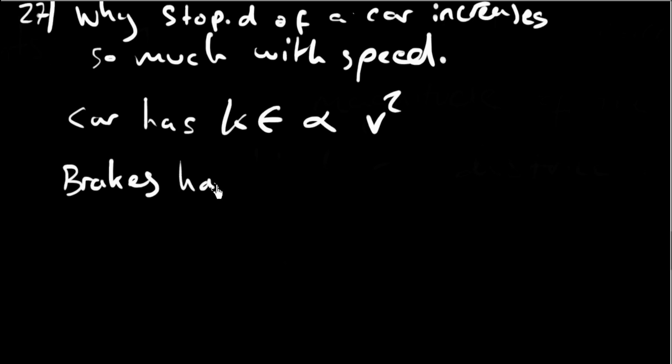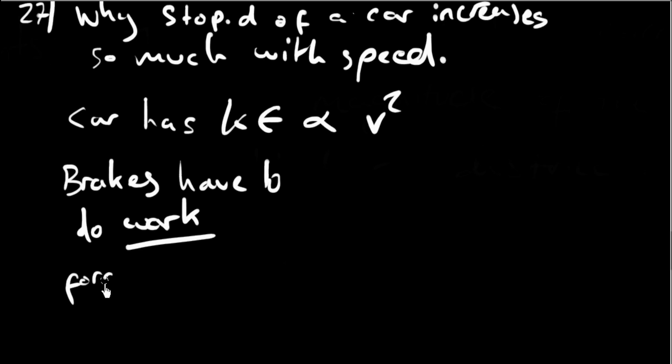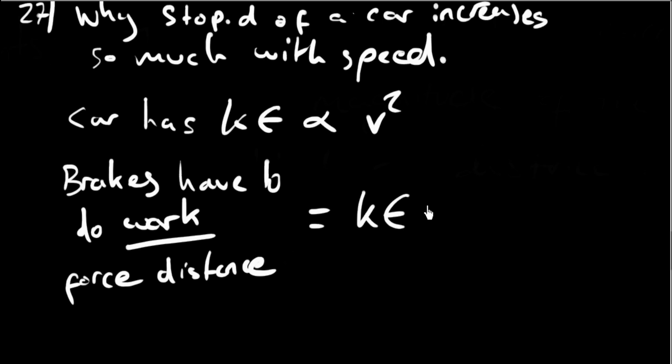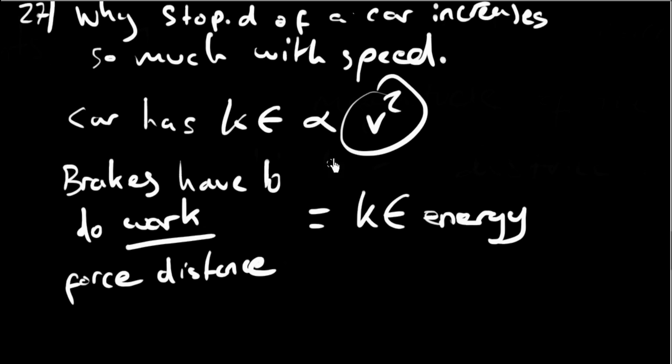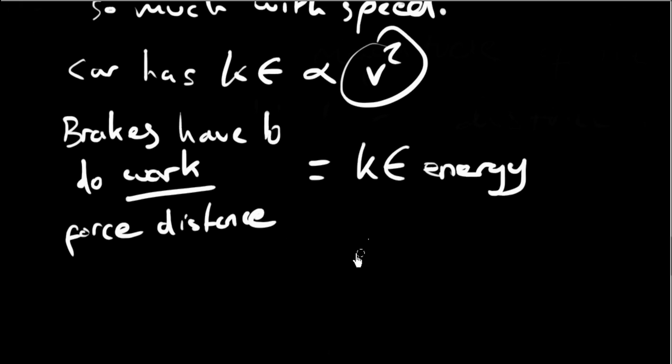But the brakes have to do work, and that's an amount of force over an amount of distance in order to stop you, and the amount of work that they need to do to stop you is exactly the same as the kinetic energy that you have. And so if your kinetic energy is proportional to your velocity squared, then the amount of work they have to do is also proportional to the velocity squared.